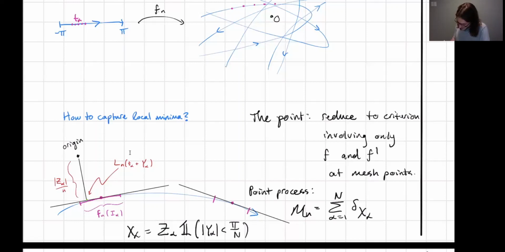If it doesn't, there will be others. We're summing over all N, but we're only going to select the ones that meet this criterion. All the others, let's just put out at infinity.